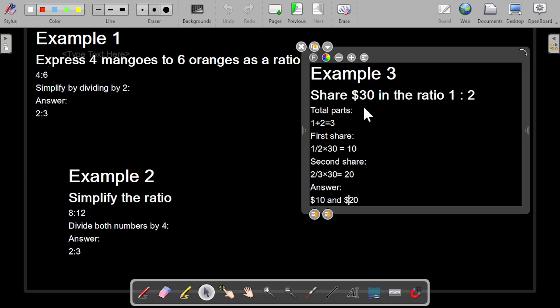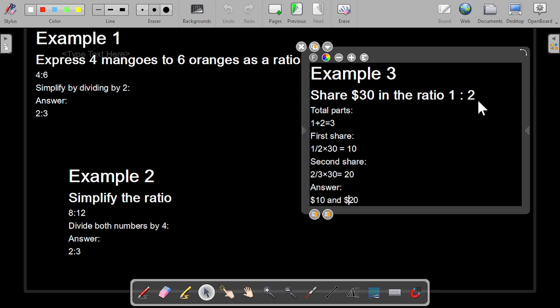You have $30 and you are asked to share it in the ratio of 1 to 2. They give you $30 and say share it between 2 people in the ratio of 1 to 2. Maybe one is older than the other and they give you this formula to share it.